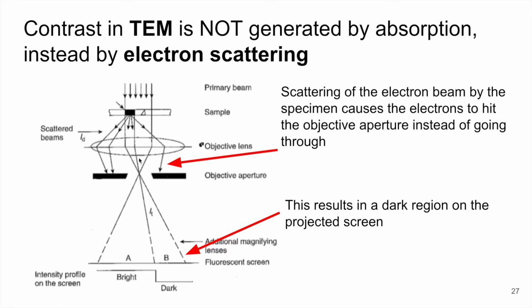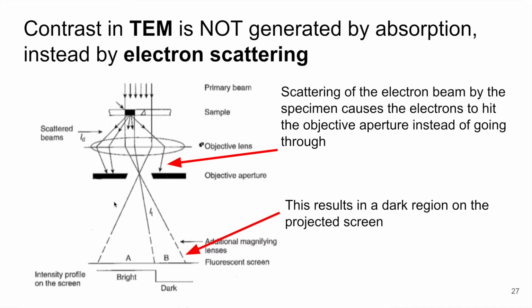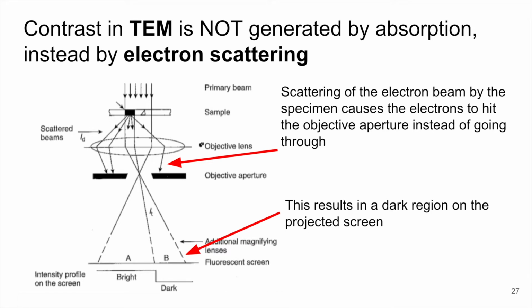So in areas where there was scattering, less light makes it through because it's hitting the aperture, and so that appears dark down here. This region up here corresponds to this region down here. And in the regions where there wasn't scattering, more light passes through, less is scattered onto the back of the aperture, and so we have a bright image in that case.